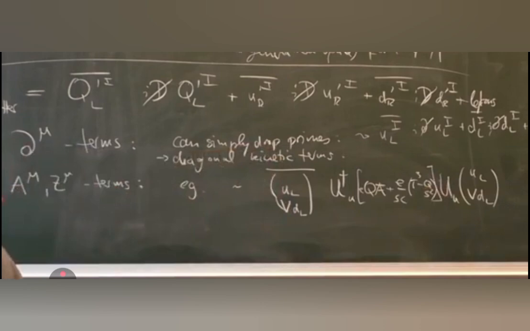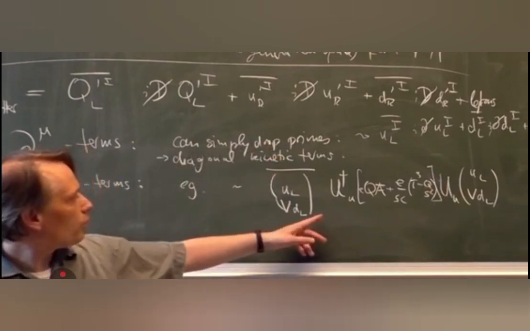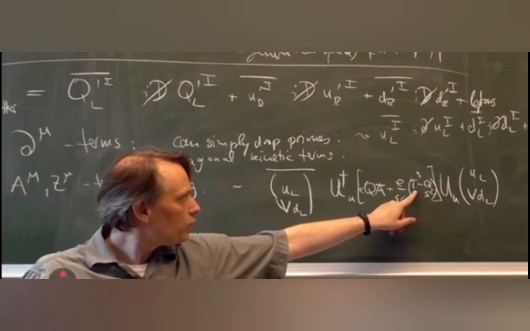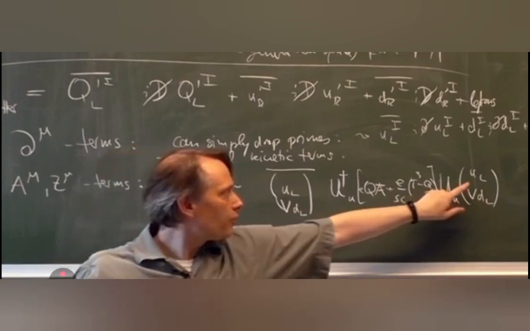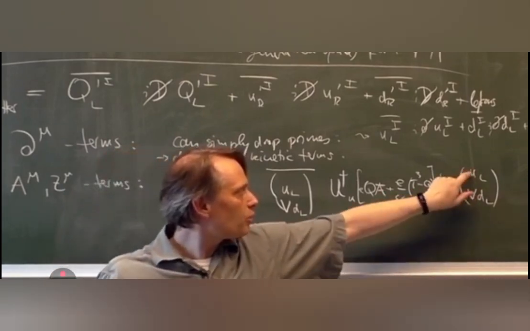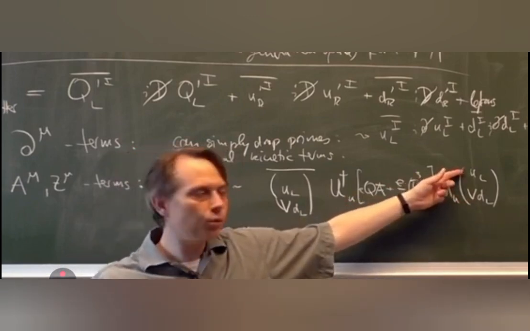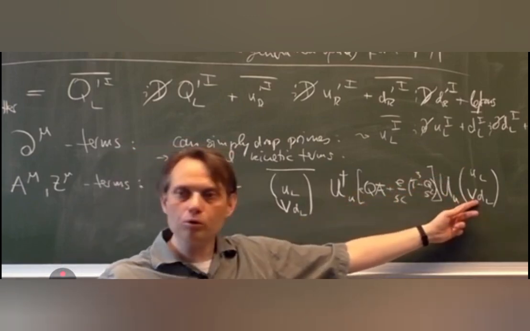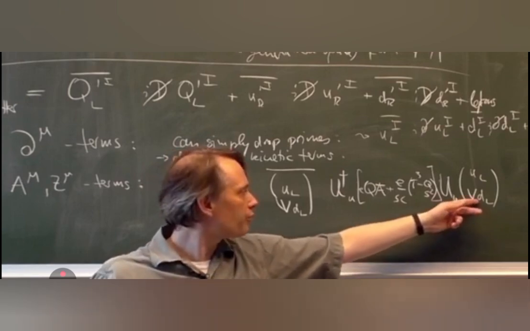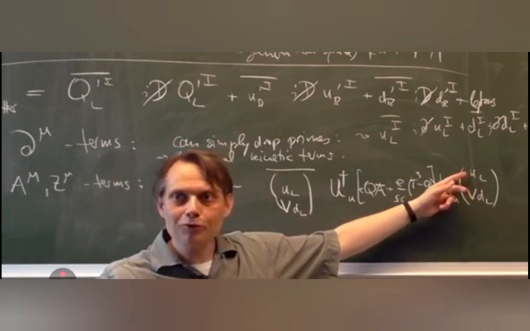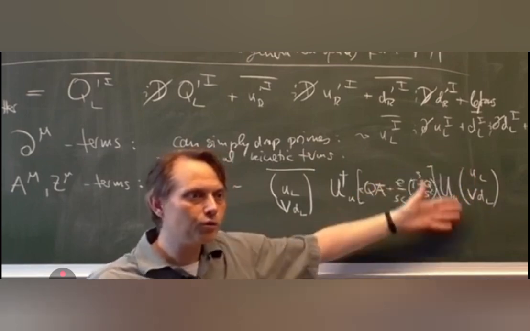And now you must acknowledge the different matrix structure. So T3 is a matrix which acts onto the two different doublet components. So T3 acting on the upper component gives plus 1/2. T3 acting on the lower component gives minus 1/2. But in terms of generation space, there is hidden a generation 3x3 structure.